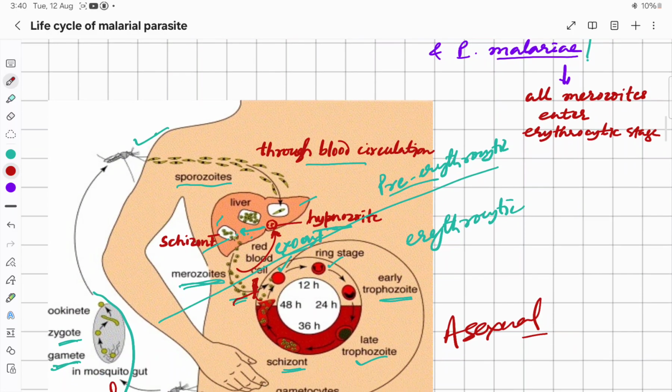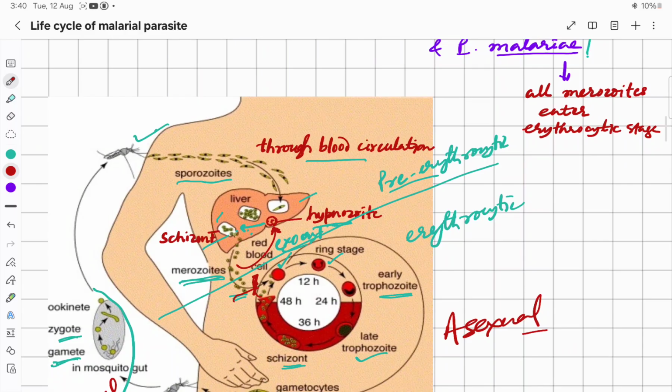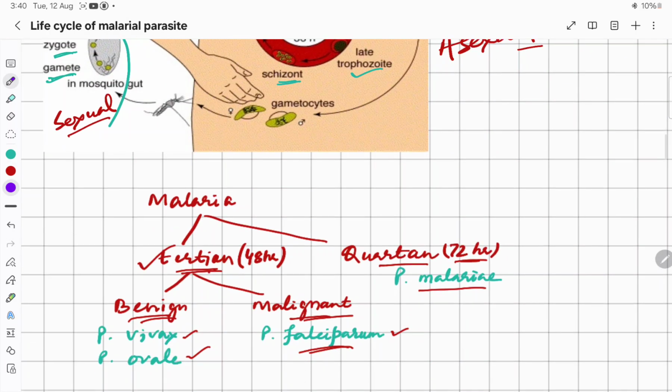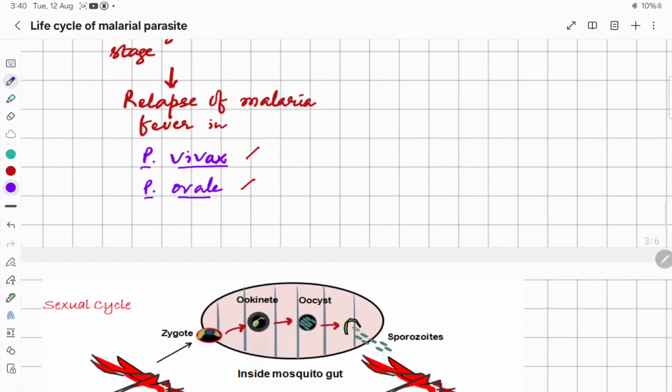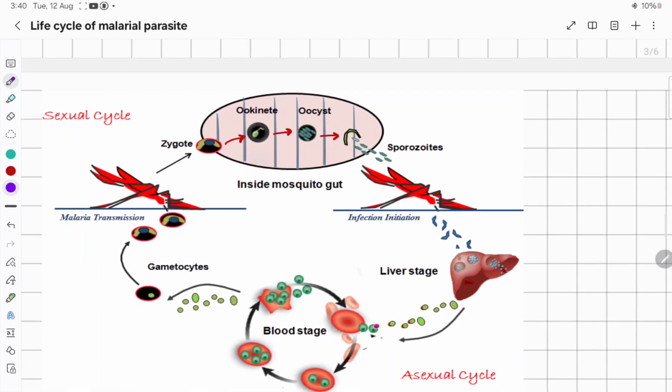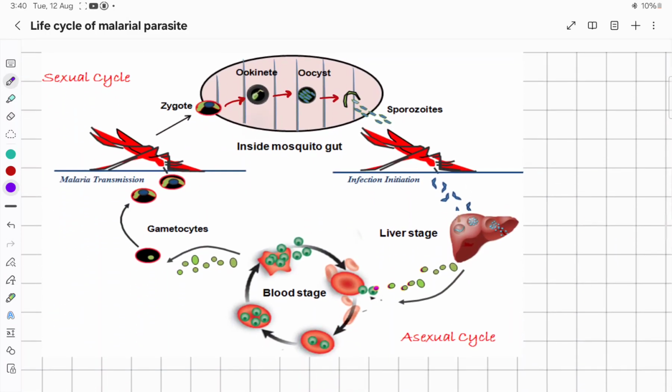But in the case of Plasmodium vivax and Plasmodium ovale, some of them can attack fresh liver cells and recycle, and that is the exoerythrocytic stage. So again, have a relook.